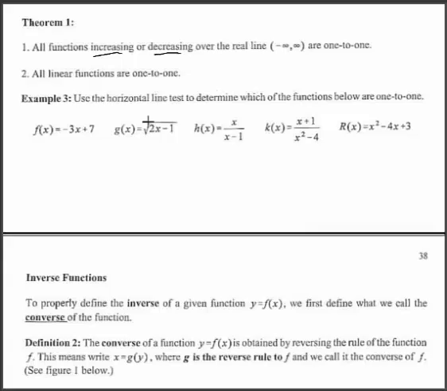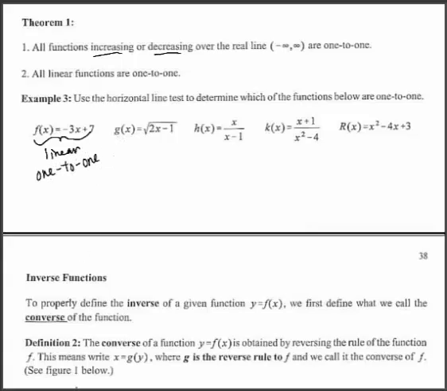So it says use the horizontal line test to determine which of the functions below are 1 to 1. Well, here f of x is linear. So according to theorem 1, this is 1 to 1.